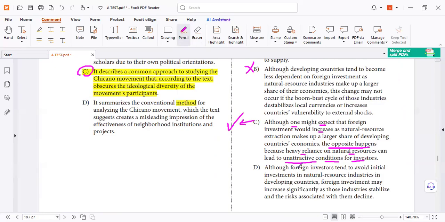But wait, foreign investors tend to avoid initial investments in natural resource industries. Sometimes you must check the first clause before you jump to the second to save time. If the first is wrong, why should I read the rest? Do you have here avoid initial investment in developing countries? Do you want to avoid that?